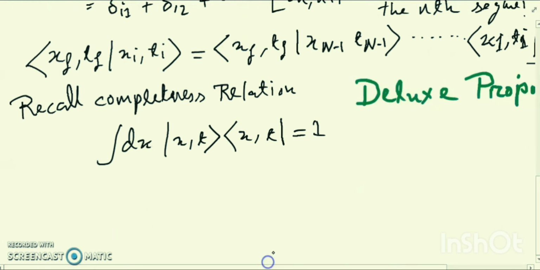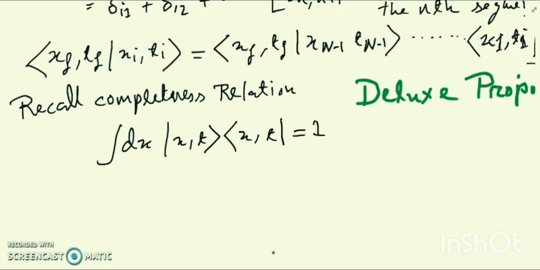And now with completeness relations, at any given instant of time, the entire |x> forms a complete basis, with the respective integral dx.